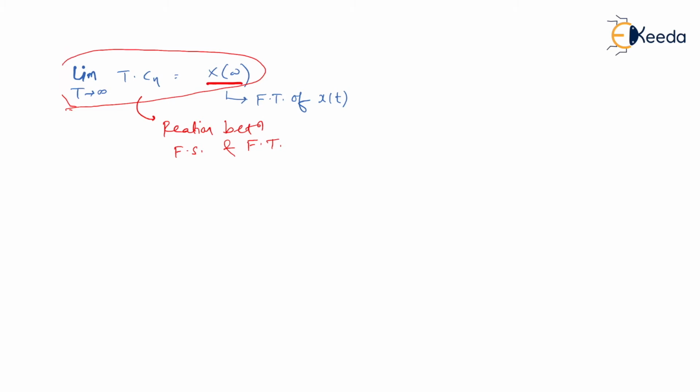So what we had on the right hand side is X of omega. Let me remind you what X of omega was. X of omega is the integral from minus infinity to infinity of x of t e to the power minus j omega t dt. So this is the formula for Fourier transform.